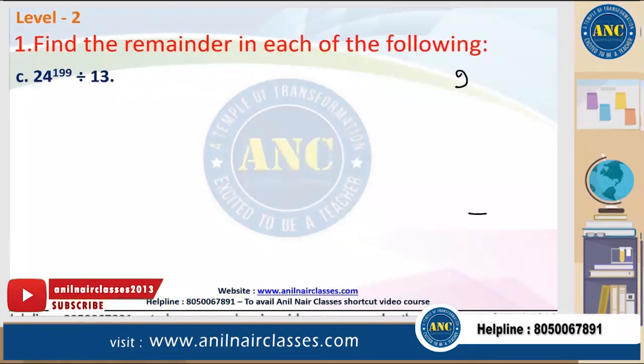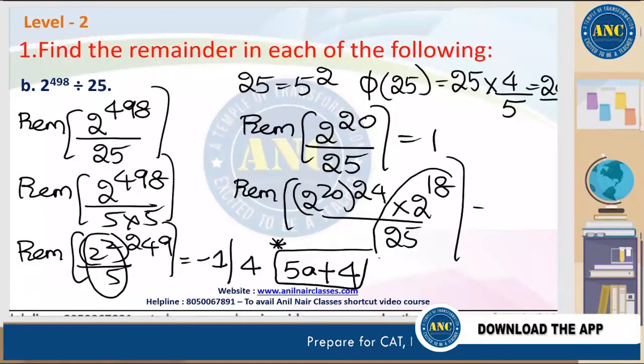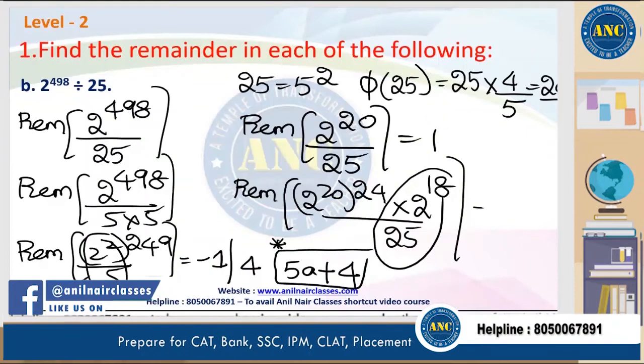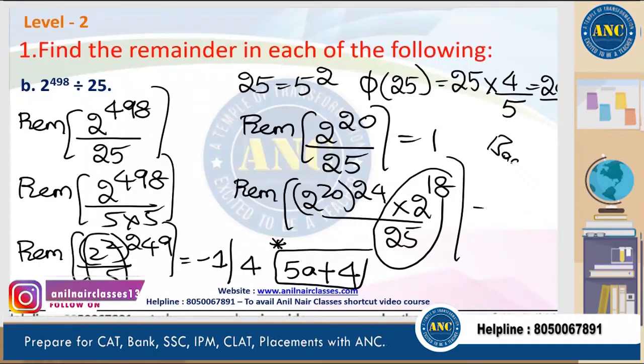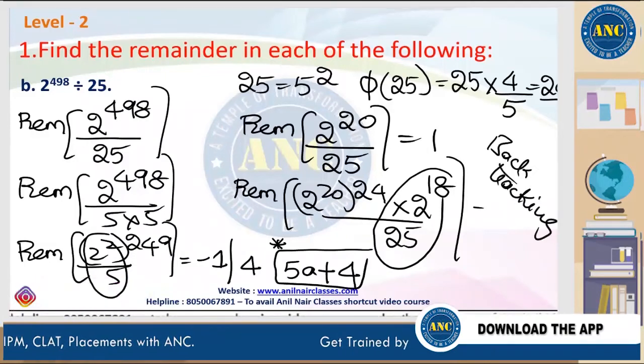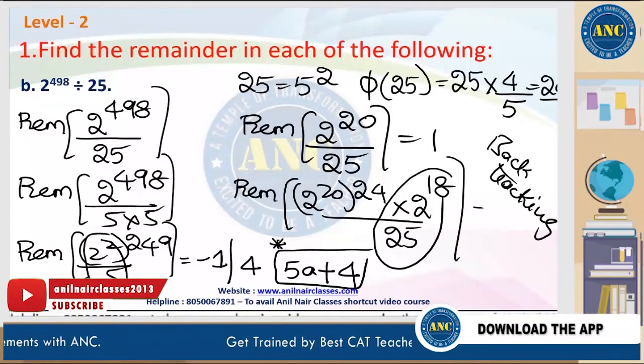Students might think that, sir, doing 2 power 18 by 25, isn't it difficult? No, it is not difficult, if you know another concept known as backtracking. To explain this concept only I took this question.